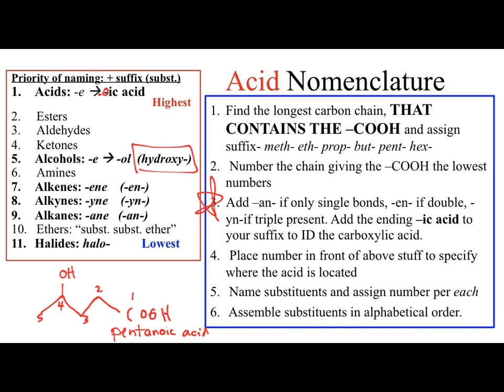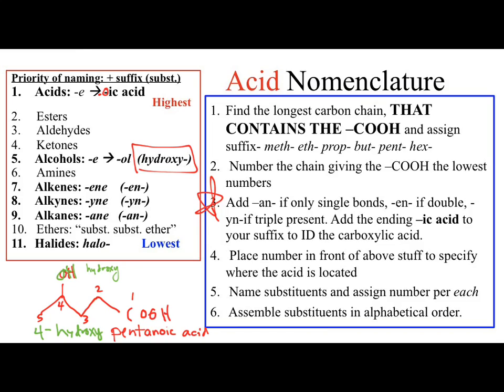So we have that functional group, our OH there, is a hydroxy as well. So we can refer to this as a hydroxypentanoic acid. Where is the hydroxy? Position 4, we get 4-hydroxypentanoic acid.